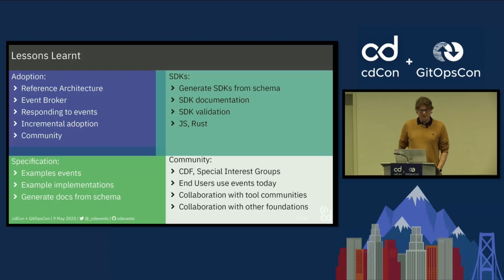So what did we learn working with all these communities and integrating into tools? Well, one of the questions that I got asked the most is, okay, we can get events into the tools, but how do we combine the tools? So what is the reference architecture? This is one of the main questions that we got a lot.